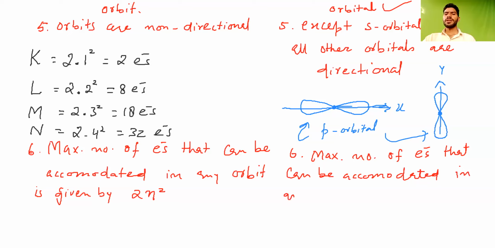Whether it is an s orbital, a p orbital, or a d orbital, the maximum number of electrons that can be accommodated in an orbital is 2. So you can only accommodate 2 electrons in a particular orbital. Whether it is s, p, d or f orbital, any orbital can accommodate only and only 2 electrons, right? So this is the difference between an orbit and an orbital. Have you got the difference?